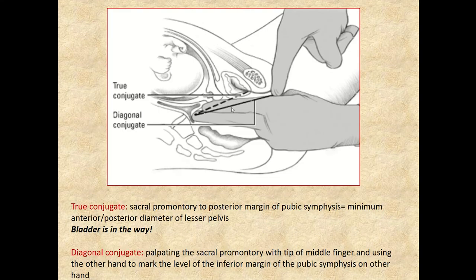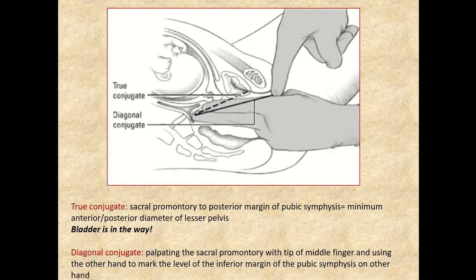To go back to the measuring of the pelvic bones and how this is useful clinically, you can see that the posterior aspect of the pubic symphysis all the way to the sacral promontory might be a very useful thing that you want to measure. That's called a true conjugate. Unfortunately, the bladder is sort of in the way of being able to make a really great measurement of that.